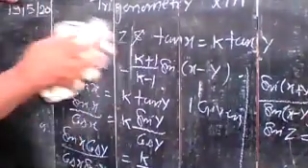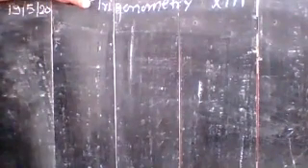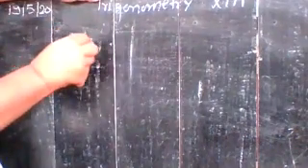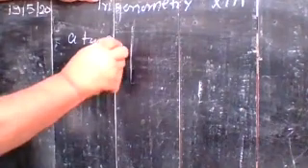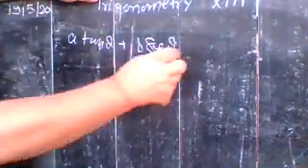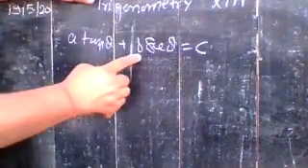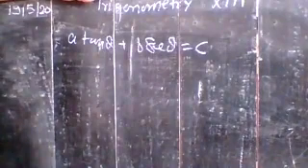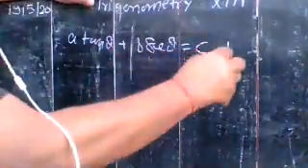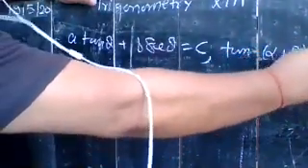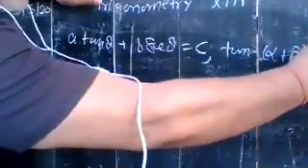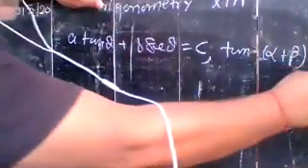If alpha and beta are distinct roots of the equation a tan theta plus b sec theta is equal to c, then prove that tan(alpha plus beta) is equal to 2ac upon (a square minus c square).